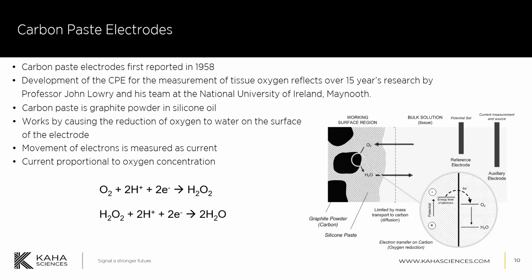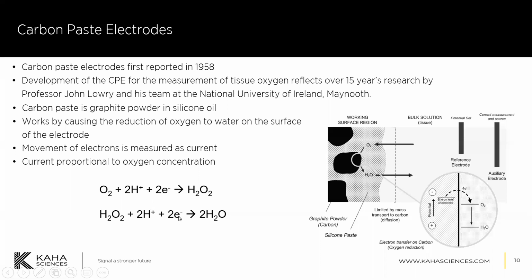When we talk about carbon paste, what we mean is it's a mixture of graphite powder and a silicon oil. How this works is that there's the reduction of oxygen on the surface of that carbon paste from the tissue it's exposed to or from the fluid it's exposed to. That oxygen is reduced to hydrogen peroxide in the first instance, and then further reduced to water molecules.